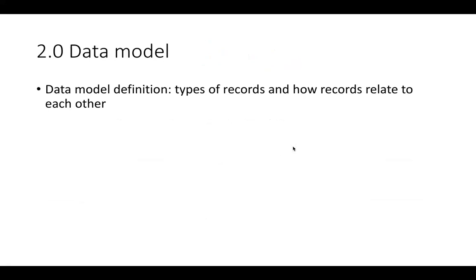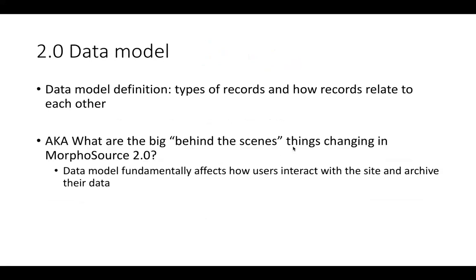Here, when we're talking about a data model, we mean the types of records that MorphoSource stores and how those records relate to each other, which I think another more attention-grabbing way of saying that is this presentation is a preview and a chance to give feedback on what the big behind-the-scene changes are going to be in MorphoSource 2.0.